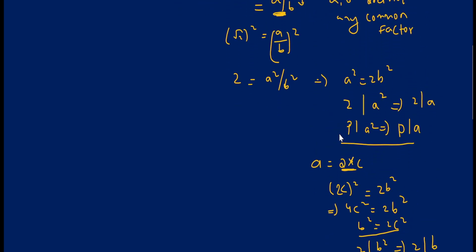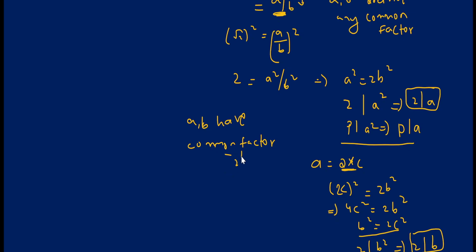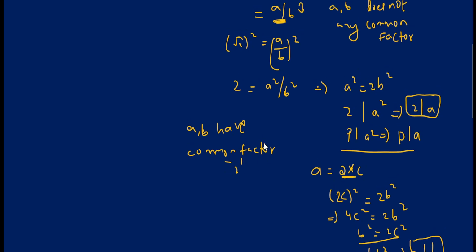Previously, we proved 2 divides a. Now we proved 2 divides b, which means a, b have a common factor 2. So we hit a contradiction.